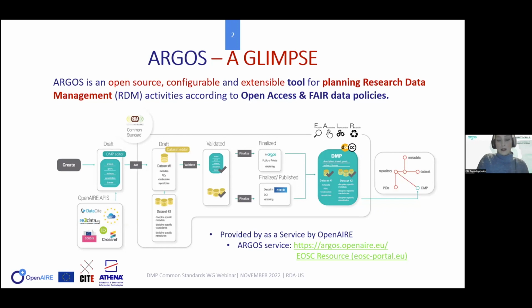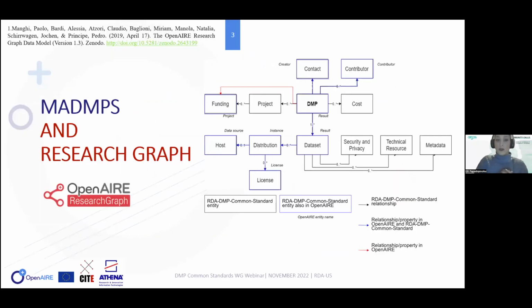I've added here, if you want to check the service, these links where you can find it. But I want to stress this integration with the research graph, because this is what we focused on. This is the first integration of a tool with the research graph. And you can see here the standard that was presented before mapped with the model of the research graph of OpenAIRE.